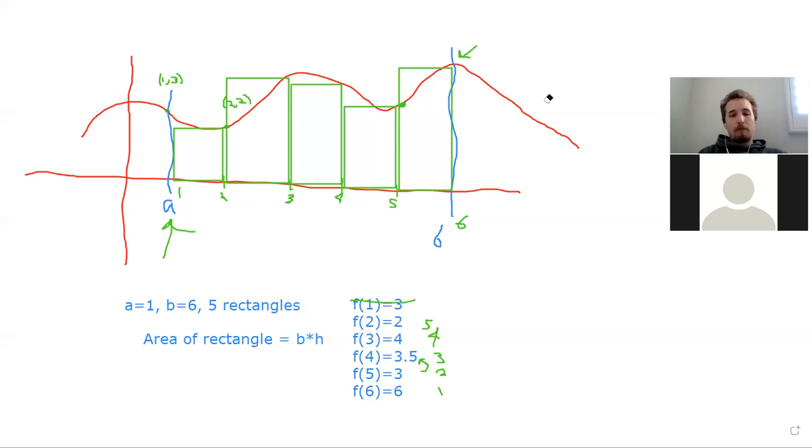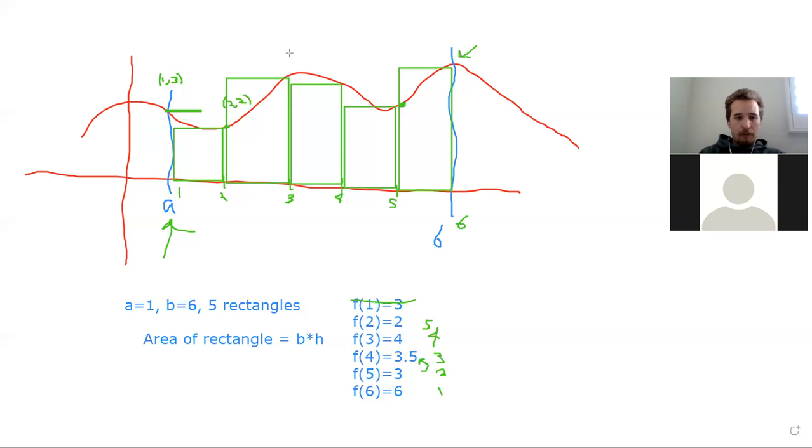Let's start from the rightmost point. So what we did previously was LRAM, which meant that we made rectangles using the leftmost point. So we would take rectangles from the leftmost point, and this would be the rectangle if you're taking it from the leftmost point, right?